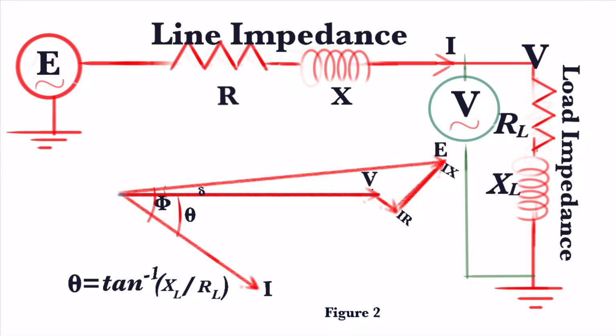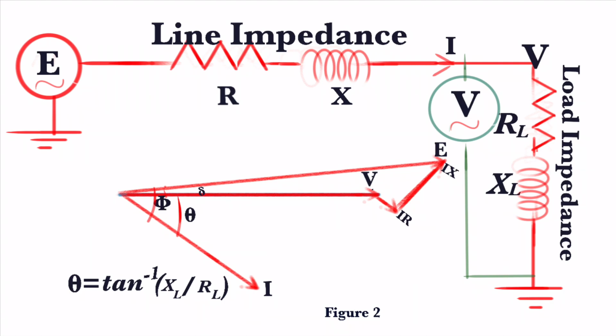Similarly, the voltage at the sending end E is fixed, and the receiving end V remains as V even now. So the drop across the line impedance is going to remain the same as before.